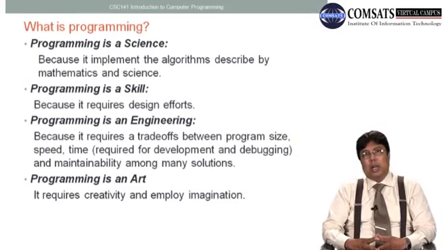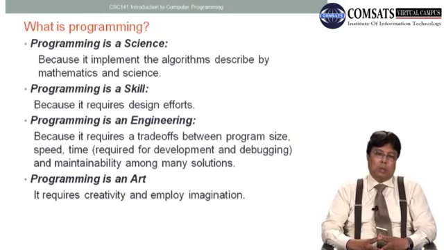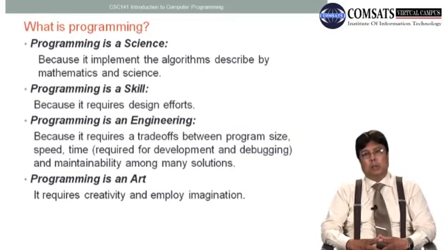For the time being, I will just say algorithm is a procedure, a mathematical model, the solution to a particular problem described mathematically or described in any language, described in steps. So, using the programming techniques, you implement the algorithms described by mathematics and science. Therefore, we can say, yes, programming is a science.